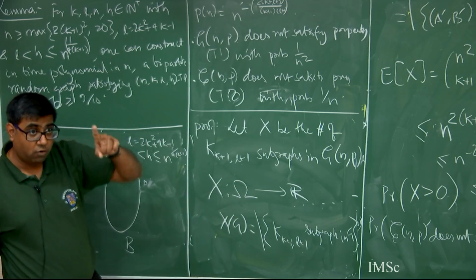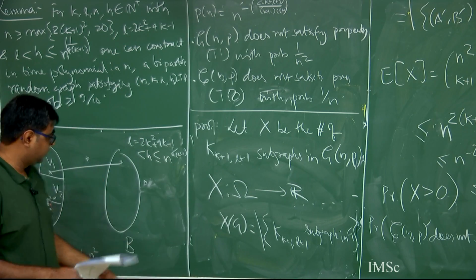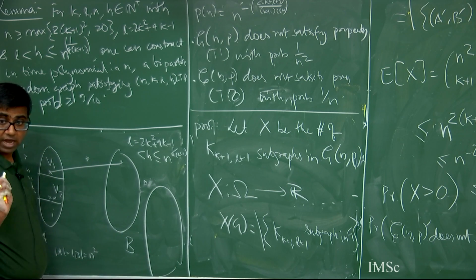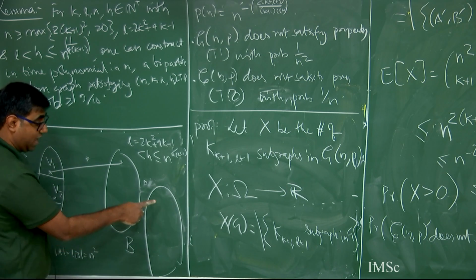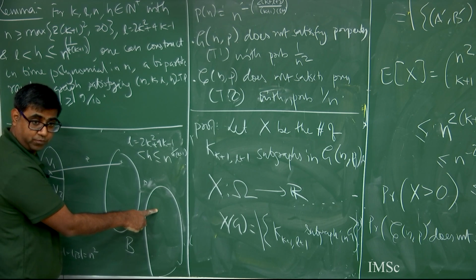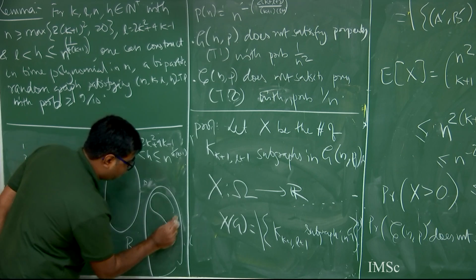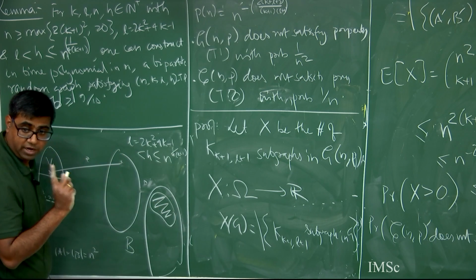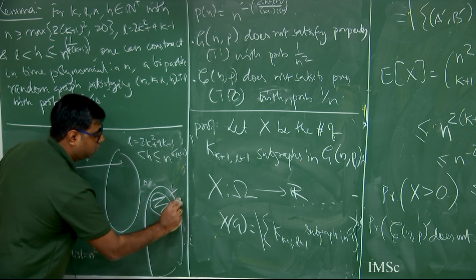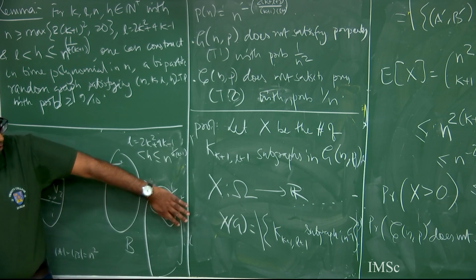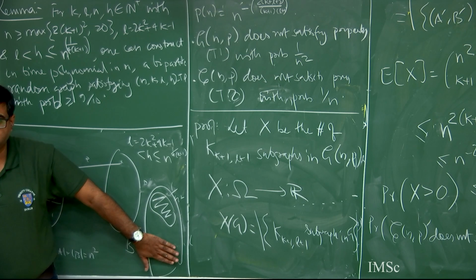So this is the world we are working in. There could be exponentially many graphs here, but all I am saying is that the mass of them, the probability of them, is at most 1 over n square. These are the graphs which do not satisfy this property. So from now onwards we will not worry about these, we will only worry about the rest.